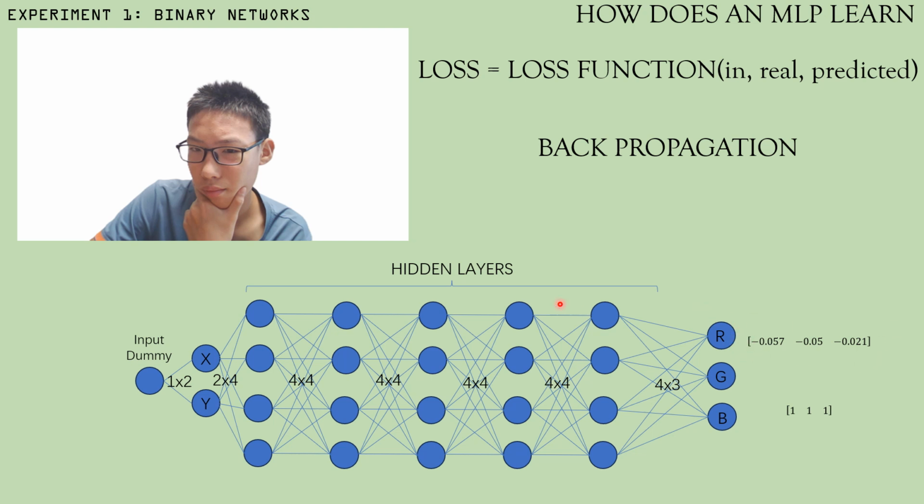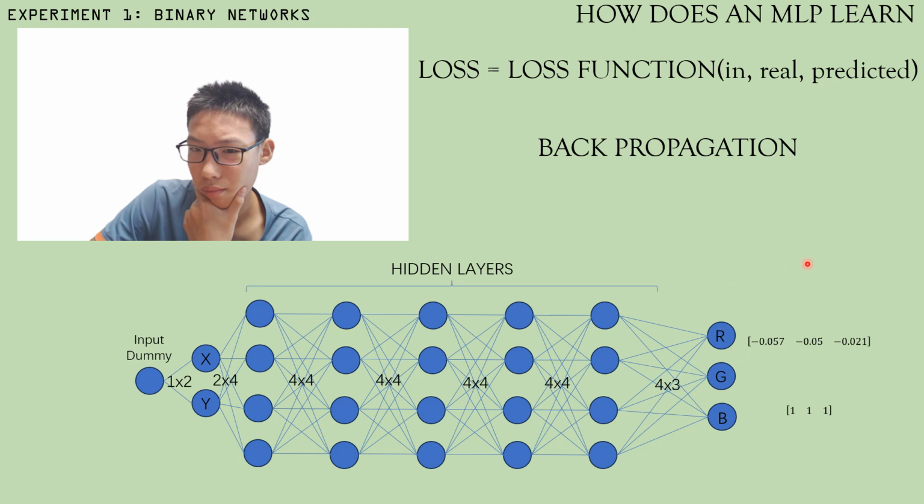For example, if this weight caused the output to become negative, the backpropagation might adjust it so that the next neuron will be positive, so that it gets closer to 1, 1, 1, because 1 is a positive number.